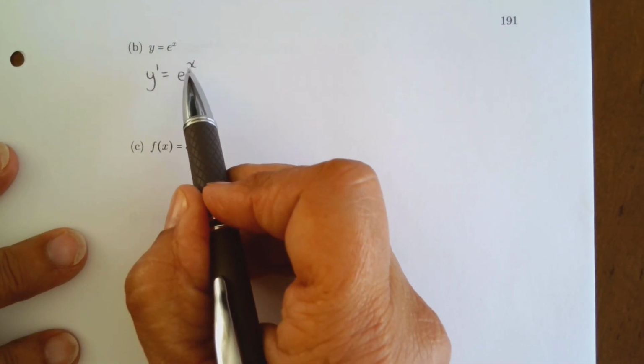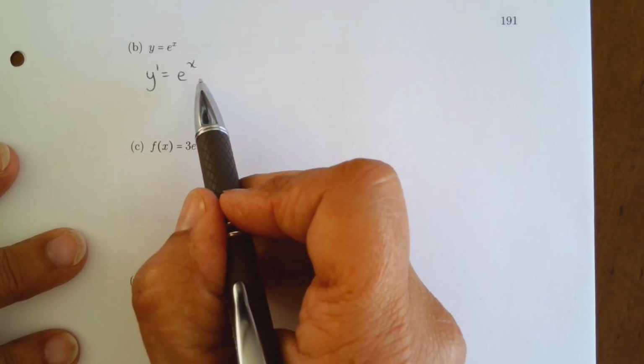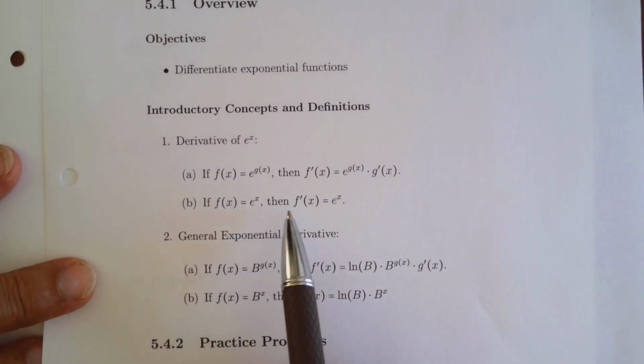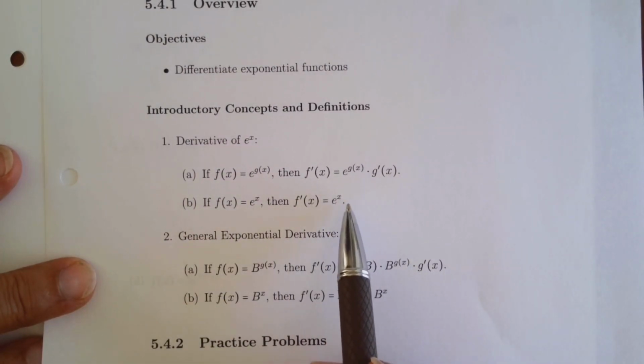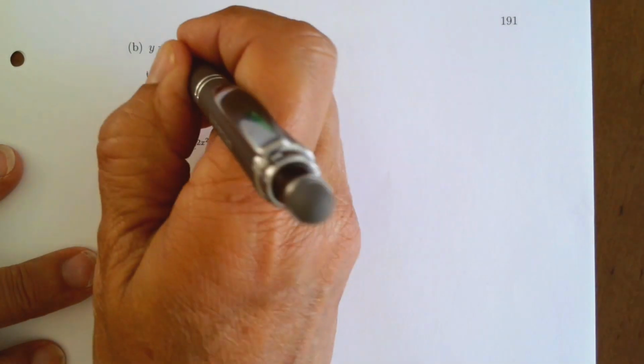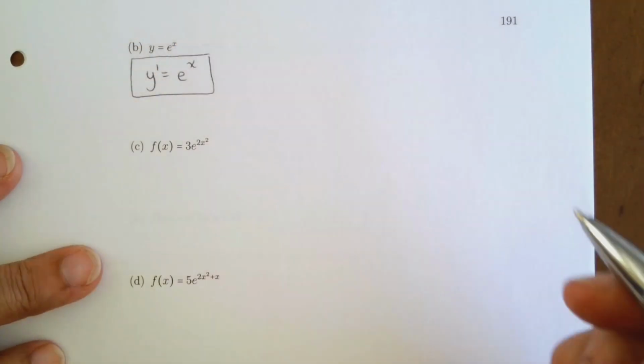Well, since that's just x, the derivative of x is 1, so I don't have to do that. So that's why the derivative on your formula sheet for part B is just that. You can do times 1, but you really don't need to. So that's the nice easy one. The derivative of e to the x is e to the x.